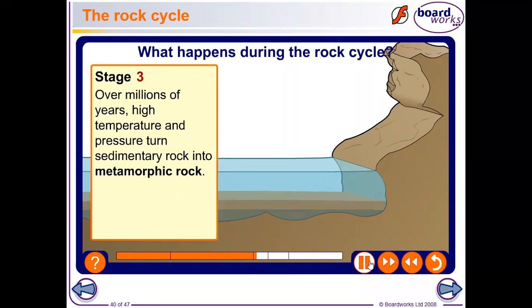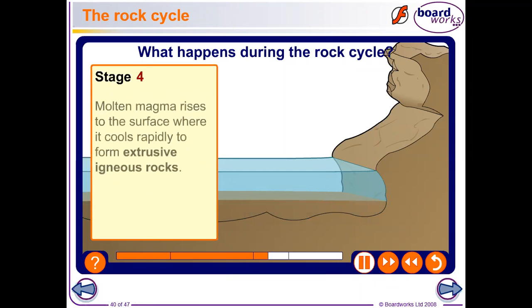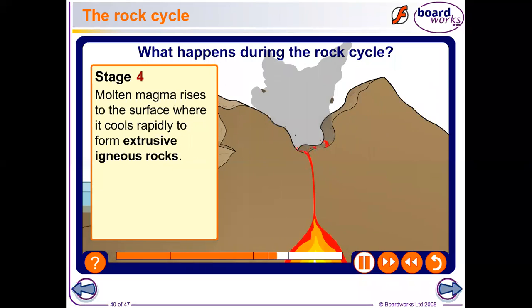Now let's get closer to these sediments. What do the sediments mean?